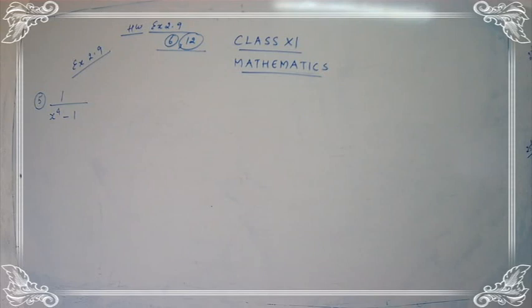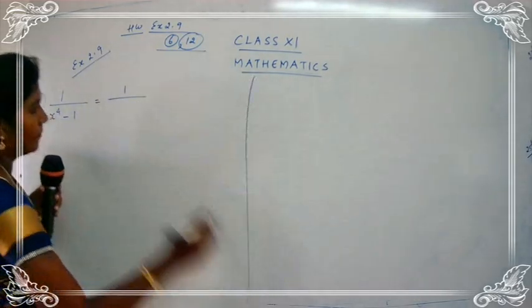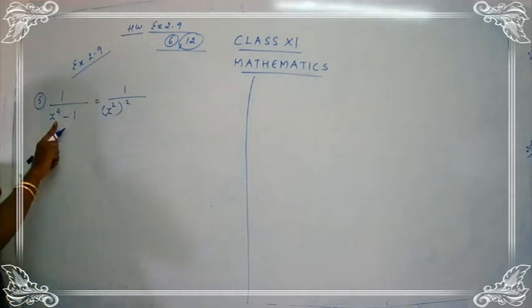Now we are going to factorize x raised to 4 minus 1. Let's see how to factorize this. Already we have done this type of factorization. So this will be written as 1 upon x squared, the whole square, minus 1 square. How are you going to write x raised to 4?